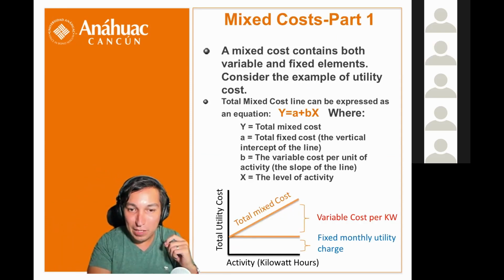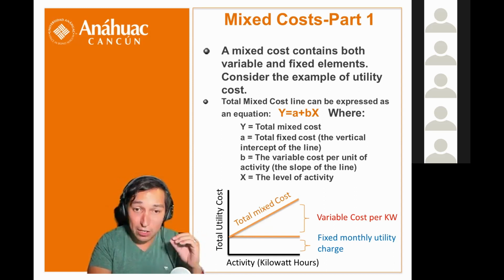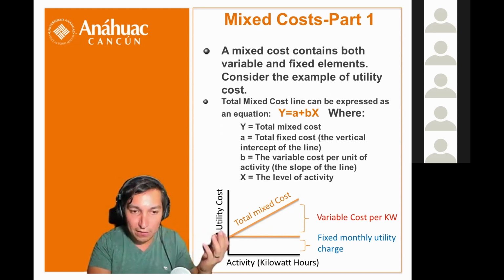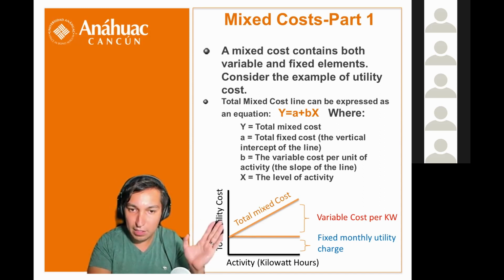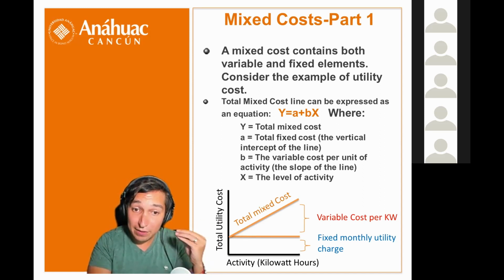Okay, now we're finally going to move on to the mixed costs, and this might look a little scary to you. It kind of looks like we're back in our pre-algebra or algebra class, right? Mixed costs contain both variable and fixed elements. For example, with utilities, there's a fixed monthly utility charge just for the privilege of having electricity in your home, and then after that, you're billed for how much you used.